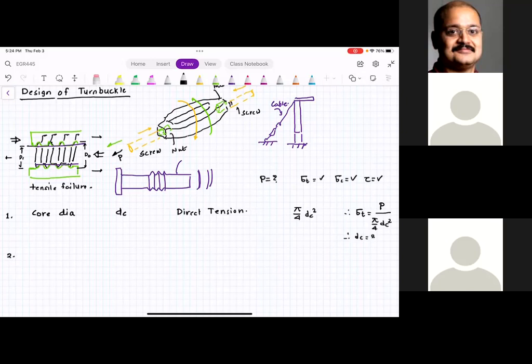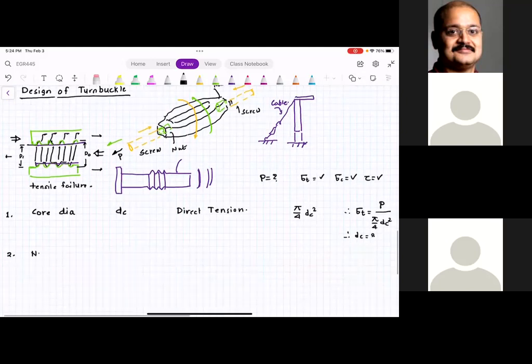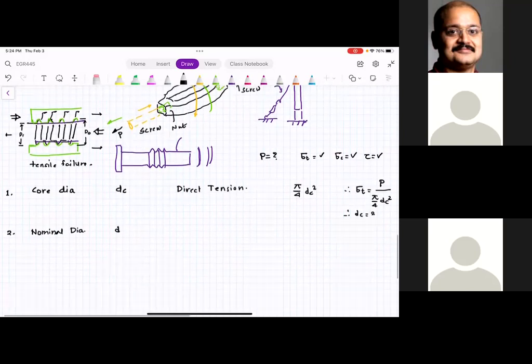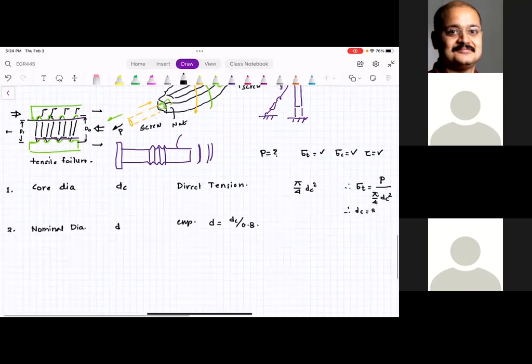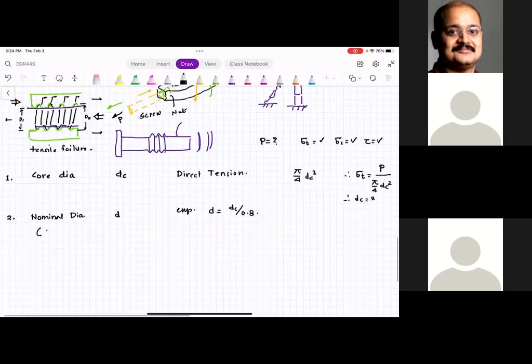Step 2, we have to find out the nominal diameter or outside diameter, which is D. This is an empirical dimension, and D is equal to DC divided by 0.8. And sometimes you can modify this nominal diameter based on standards. Because please understand, nobody is going to make custom screws for us.